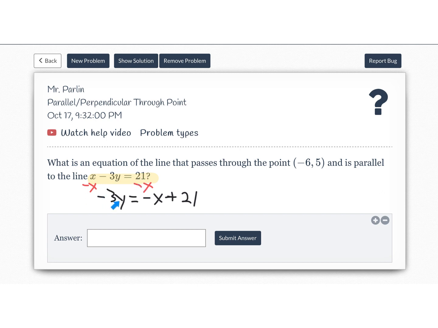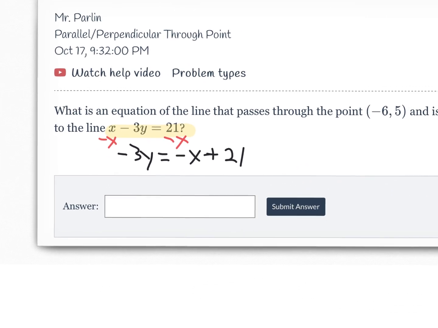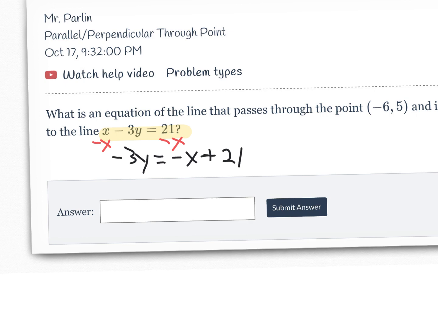Well, now we have a negative 3y, so what we have to do is solve this equation for y, and we're going to do that by dividing by negative 3. But we have to divide everything by negative 3. All right, so my new equation is going to be y equals, and then we have a negative 1x divided by negative 3.